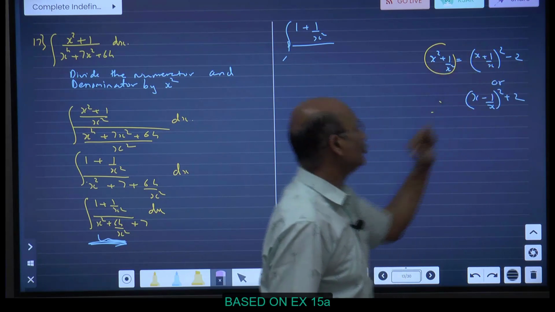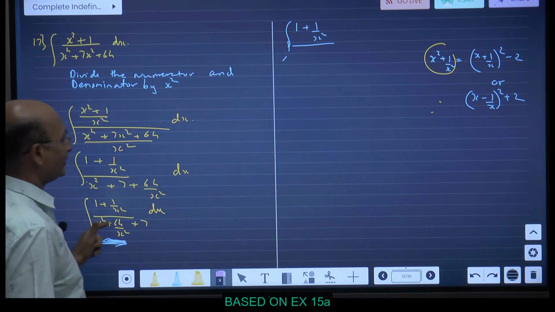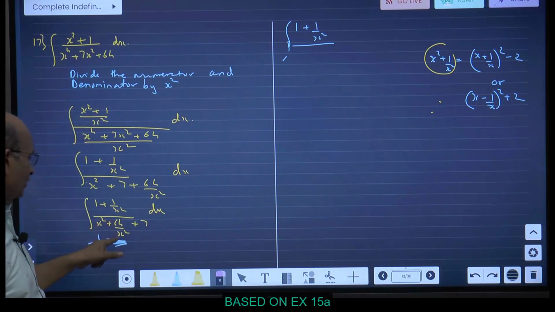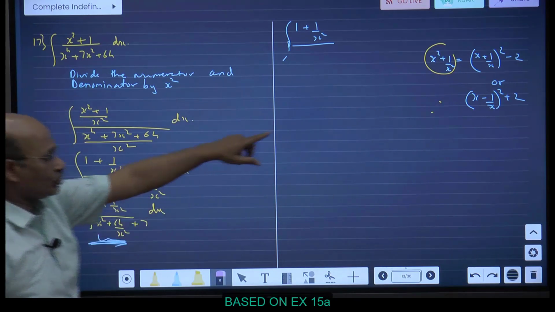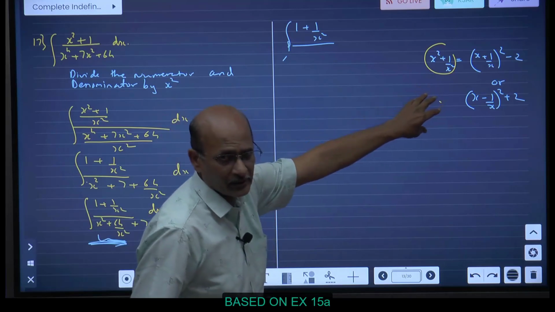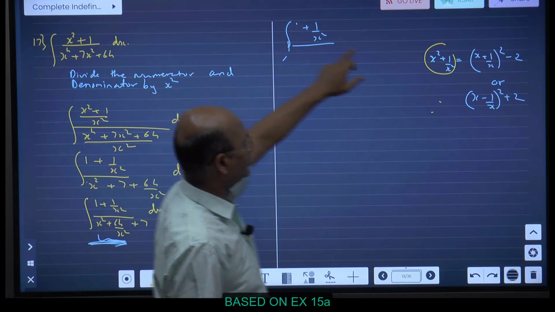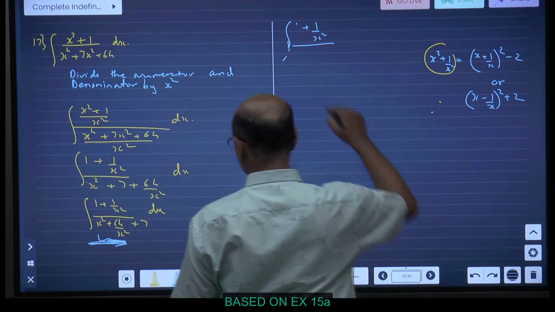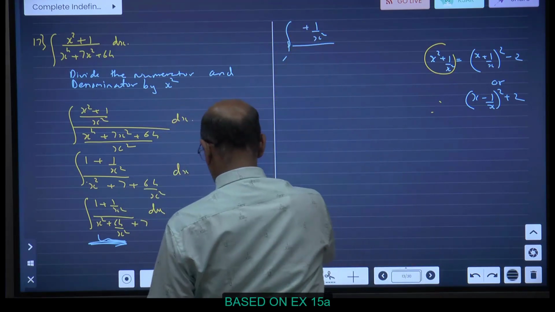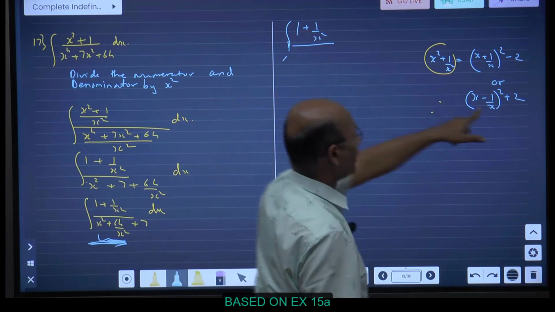So which formula do you apply? If you see x square plus 64 upon x square is there, I just showed you that working. If here it is plus, you use the minus formula.